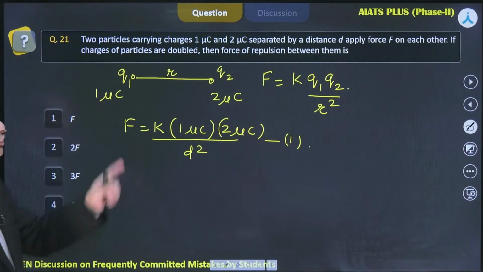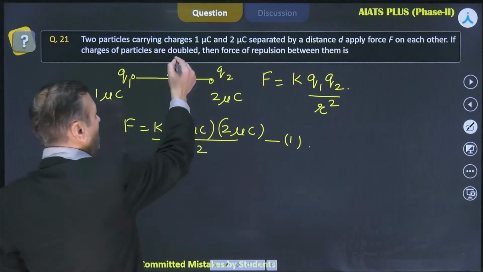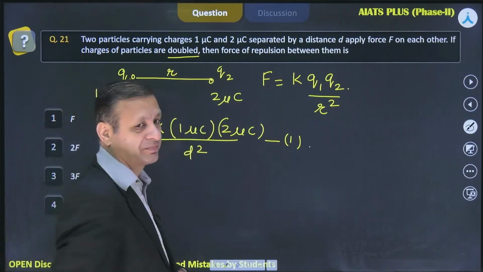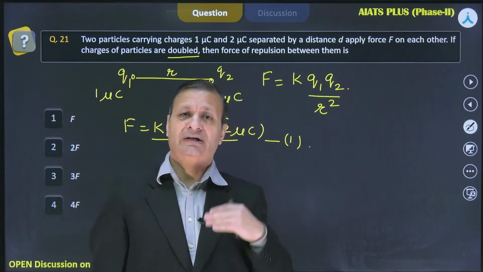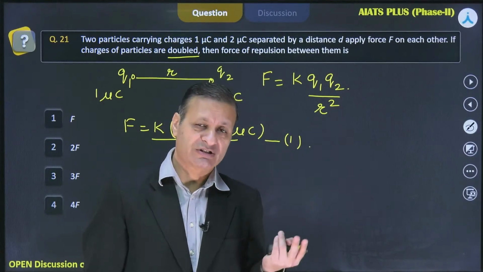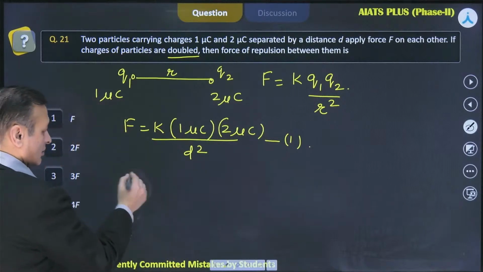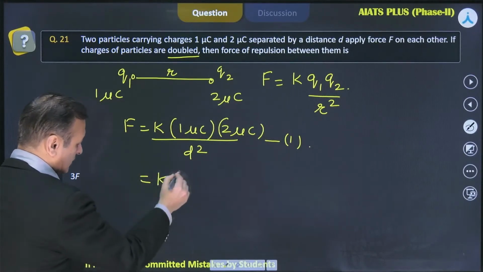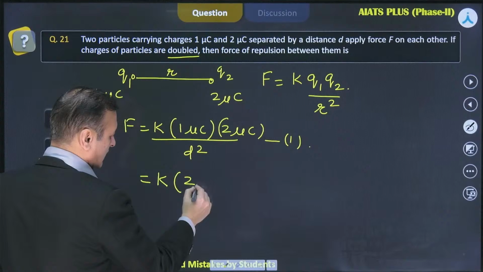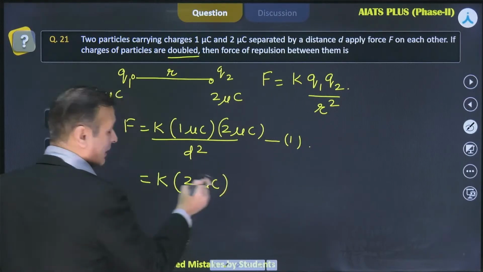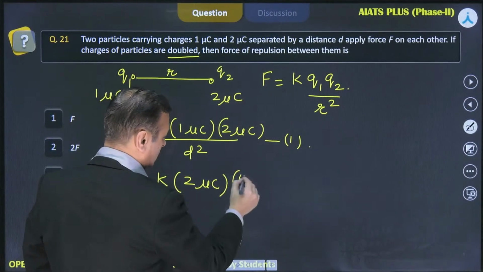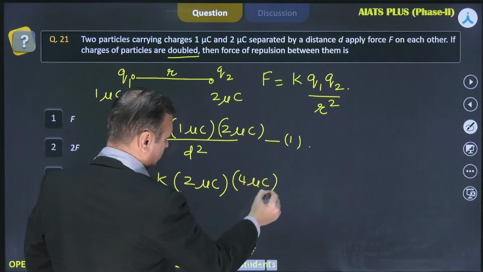If charges of the particles are doubled, it means you are doubling both the charges. So 1 becomes 2 and 2 becomes 4.